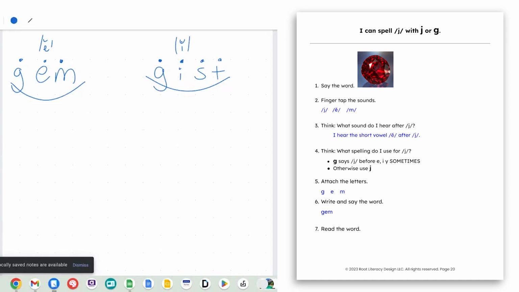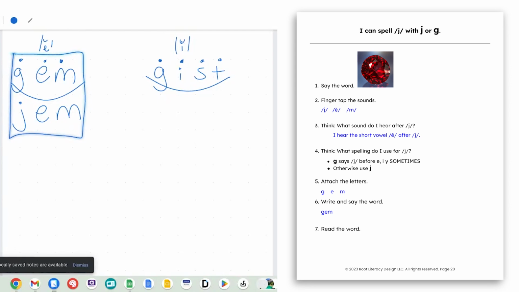Now what you want to prompt your students to do is remember that rule only works sometimes. So sometimes your students might not know for sure if it's the letter G or the letter J that starts here. So let's go back to the word gem. You'd have them try it with one spelling, but then if they're unsure, they can always try it with J-E-M. And this is what we call cognitive spelling. You want them to try both ways to spell it.